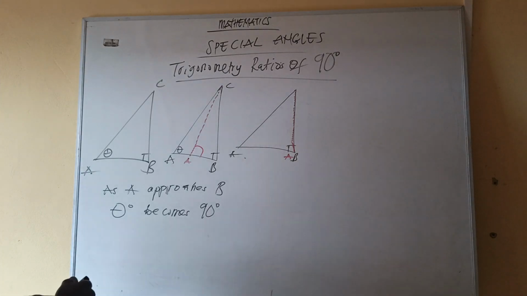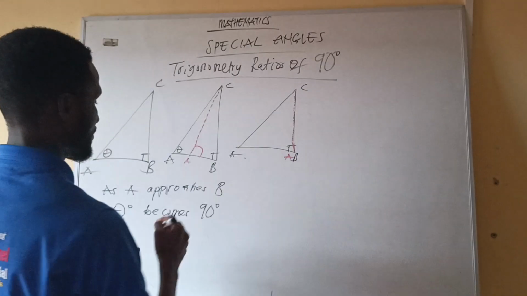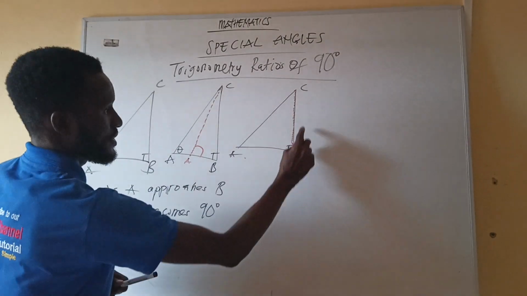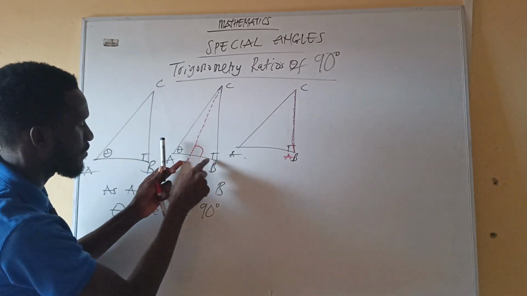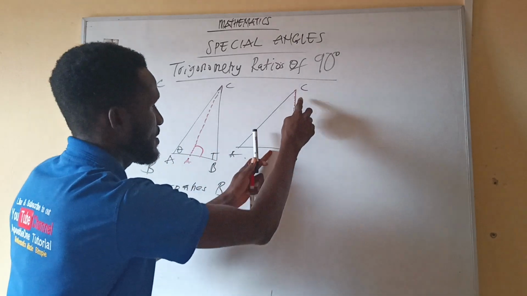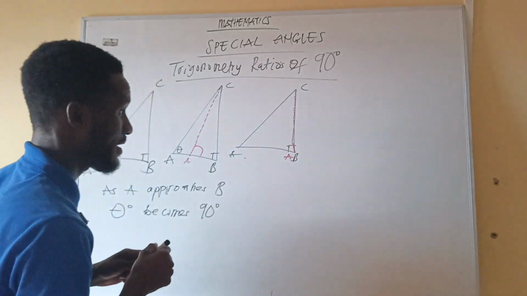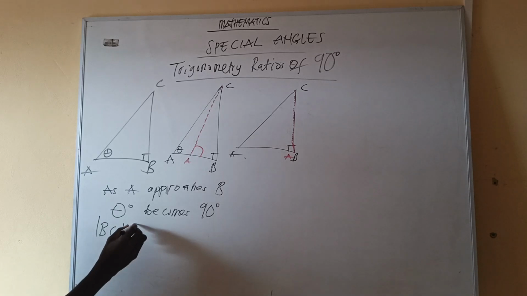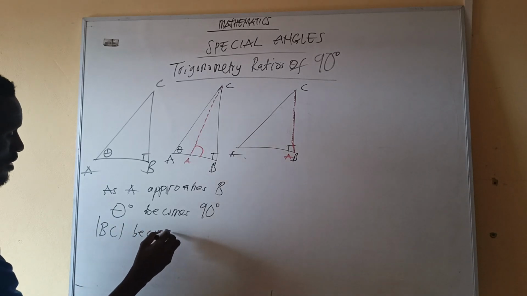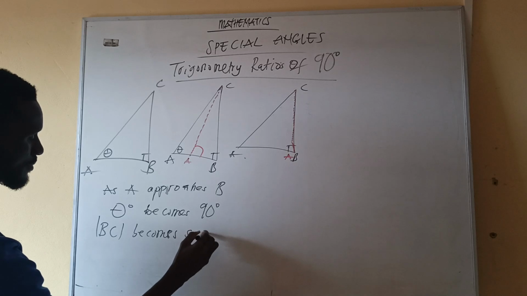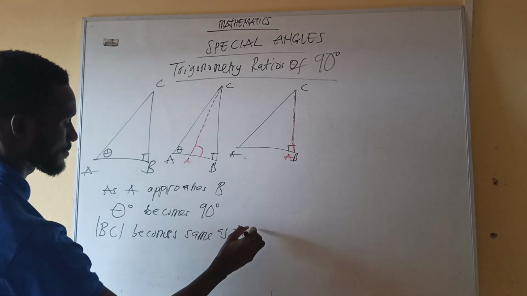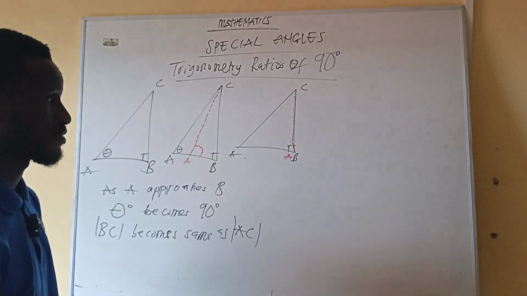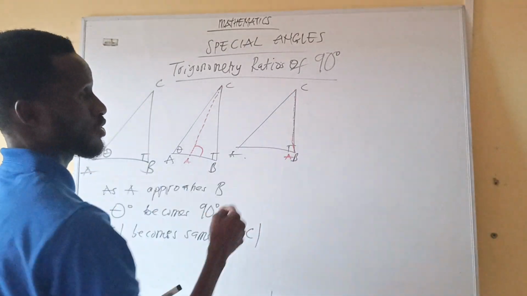Right? Okay. Now don't forget this side is C. Now what is our BC? Don't forget, as we are moving here from here, the BC becomes the same as AC, meaning BC and AC are going to be equal.